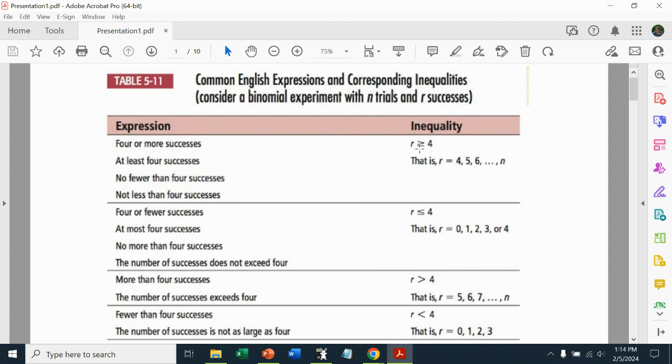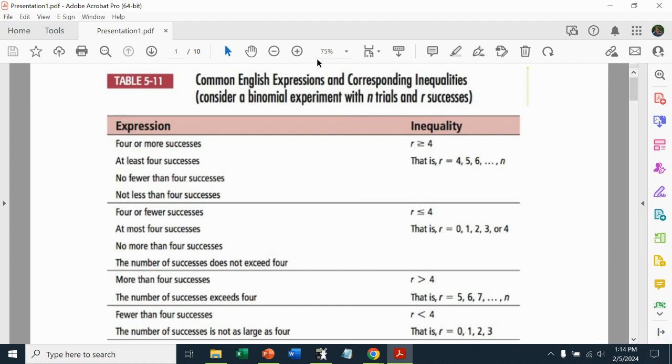Four or more successes: R is greater than or equal to 4. Now recall, in your calculator, it doesn't use the letter R, it uses the letter X. At least 4, no fewer than 4. 4 or fewer, more than 4. These are all the inequalities associated with those common English phrases. Here again, I would strongly suggest downloading that last slide.